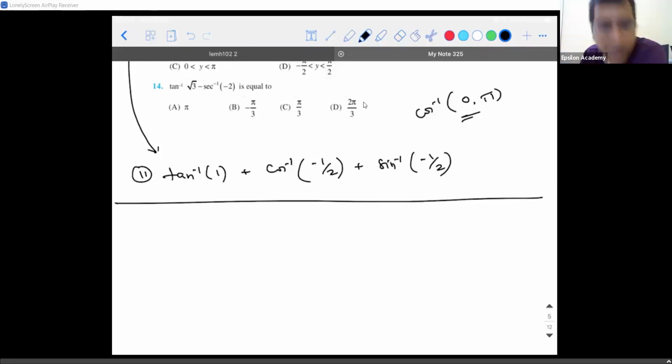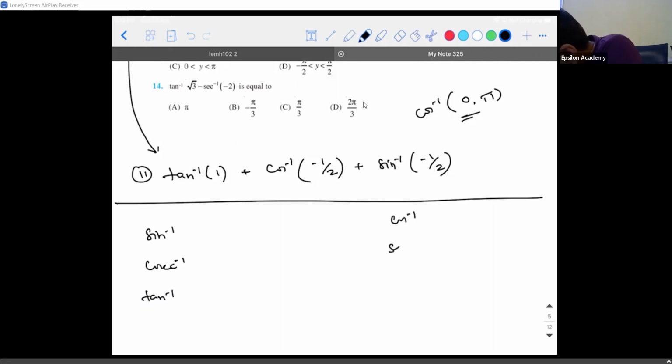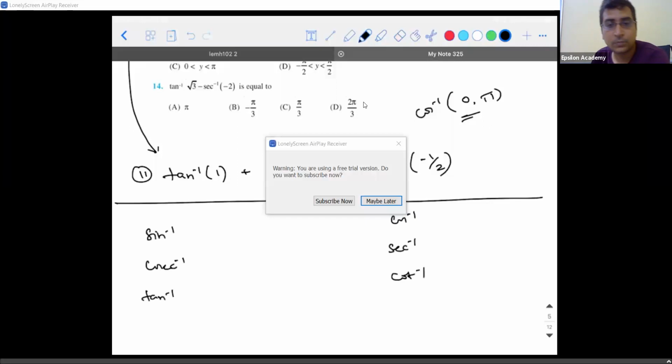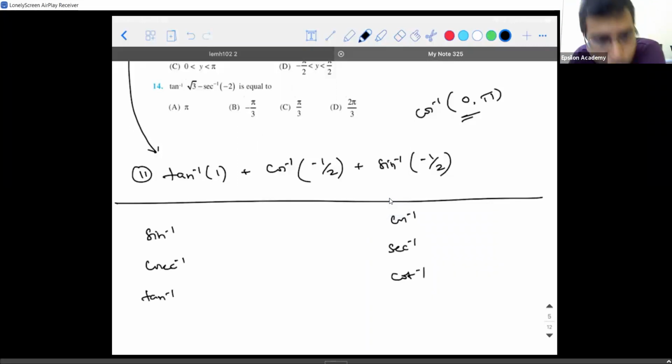Listen, even if you have understood. Sine inverse, cosecant inverse and tan inverse; cos inverse, secant inverse and cot inverse. Go to your textbook, refer to the table, and tell me the range for these. The domain is minus 1 to 1. For sine inverse the output is minus pi by 2 to pi by 2.